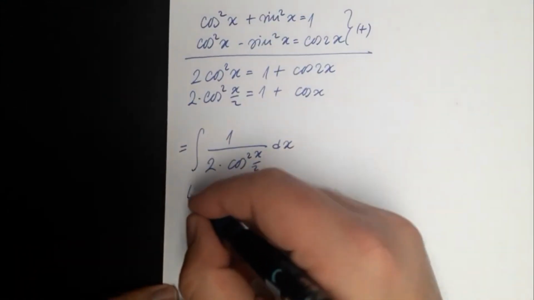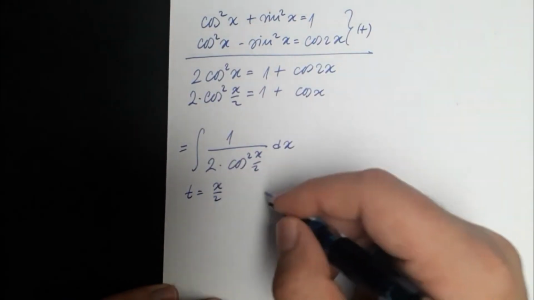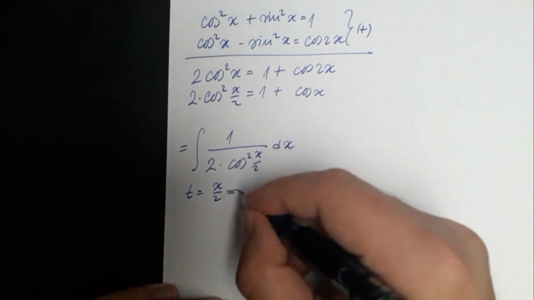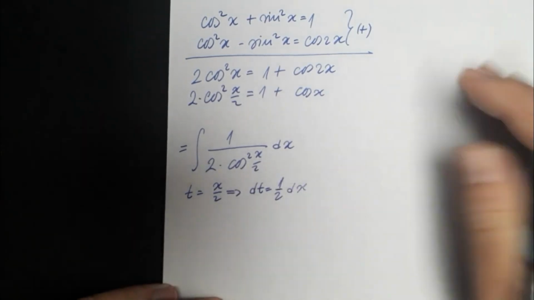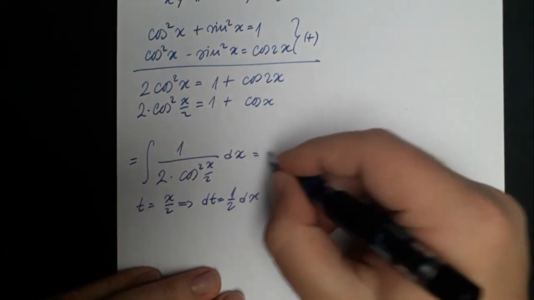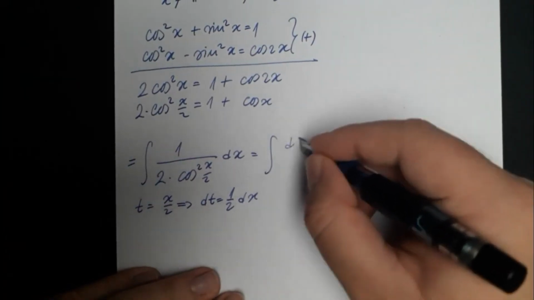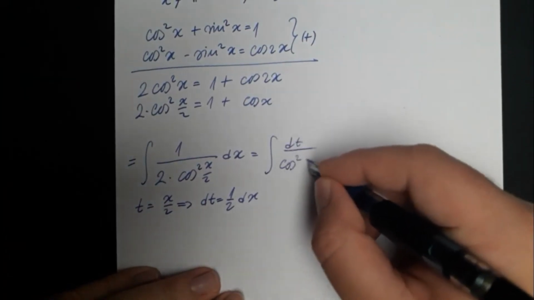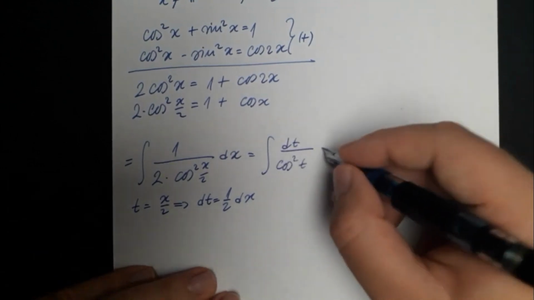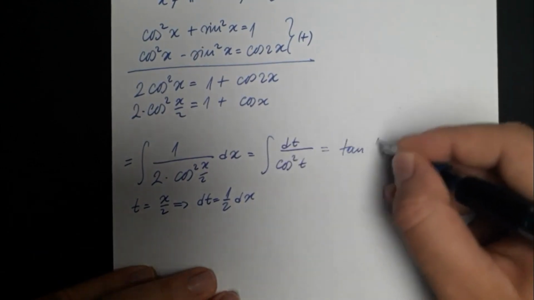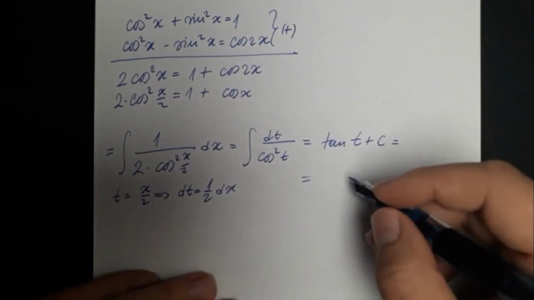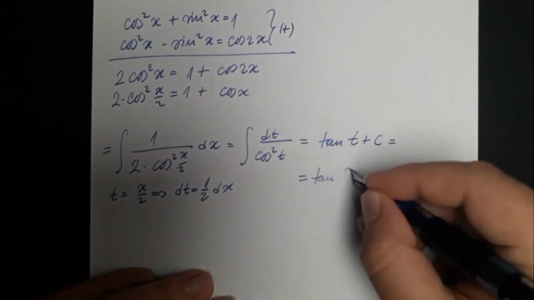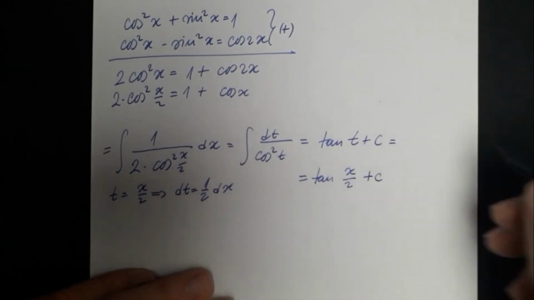We can take the substitution that t is equal to x half, and then differential of t is equal to 1 half differential of x. This integral then becomes dt divided by cosine squared t, and that is equal to tan t plus c. And when we return into the x world, we get tan of x half plus c.